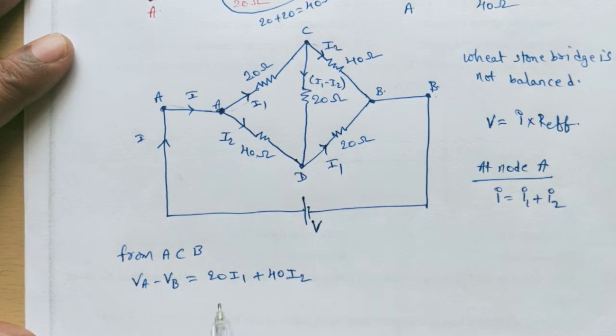Let this be V; taking 20 common, we get 20 into I1 plus 2 I2.